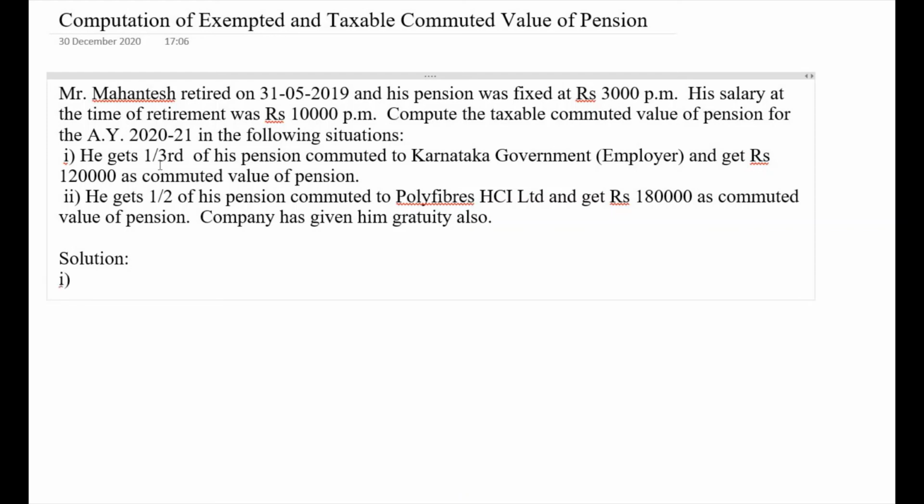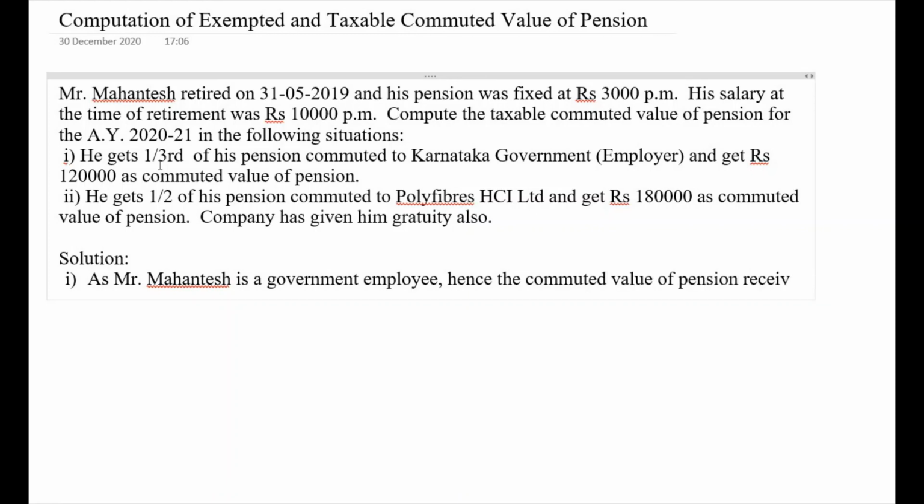So now the answer to situation 1: as Mr. Mahantesh is a government employee, hence the commuted value of pension received by him is fully exempted from tax.